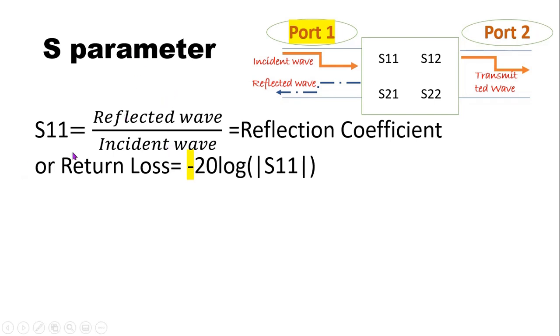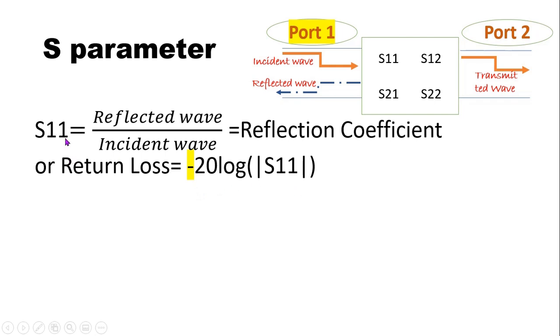That means the magnitude of S11 could be 1 or less than 1, and inside a log, if we get something 1 or less than 1, then it is negative. So to get return loss as positive, we use a negative sign explicitly here, just for mathematical ease. Perfect. So this is our S11.